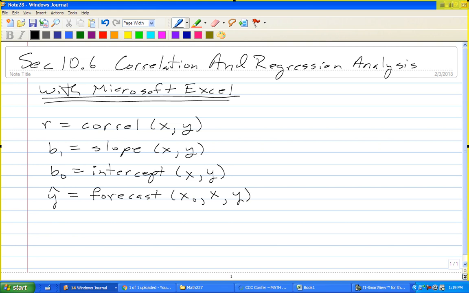Let's say we're looking at, let's pick some numbers. I'm looking back for some numbers to plug in.